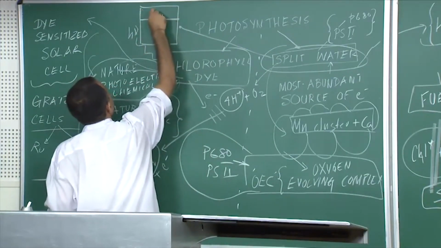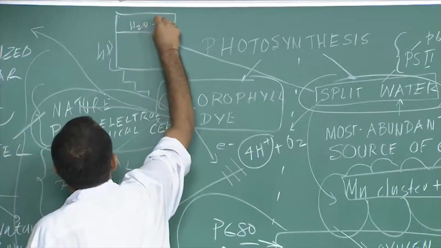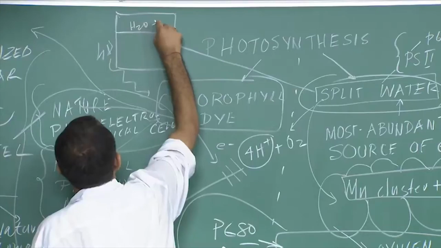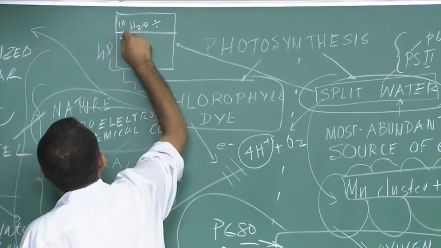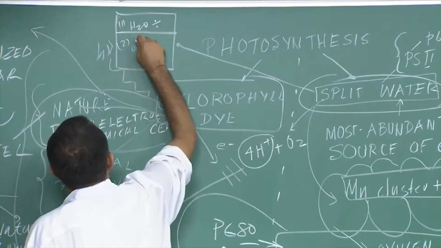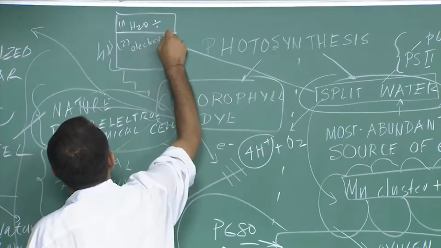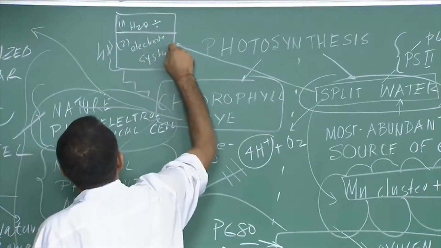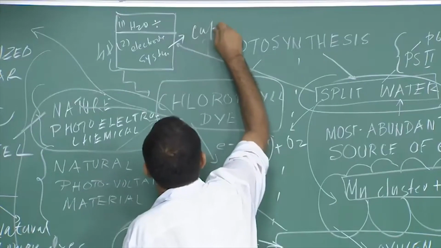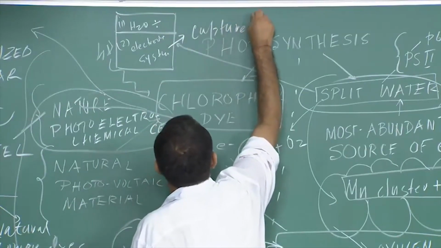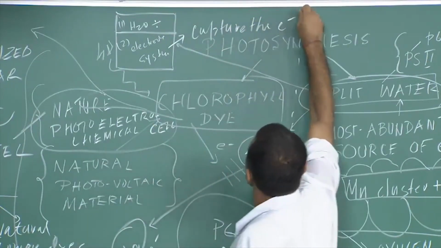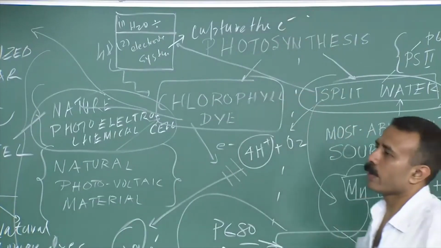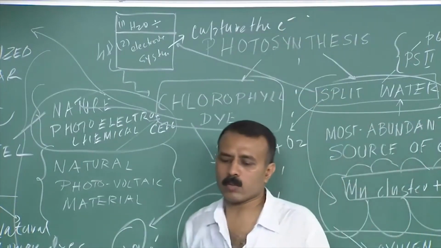You need the water splitting chemicals which will split the water. You need an electrode system which will capture the electrons, and then you have to put this whole thing in one assembly.